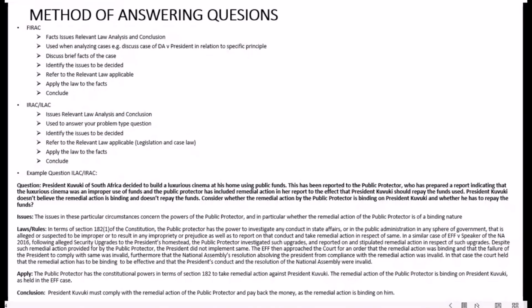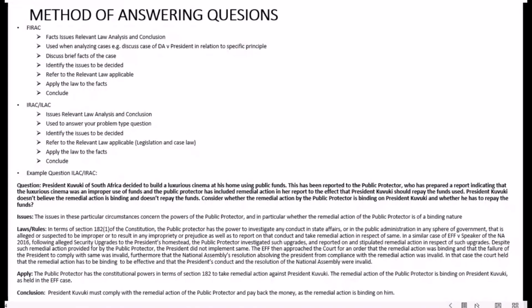So first you would go into discussing the facts of the specific case. Sorry, FIRAC. The first line there shows you what FIRAC stands for. So it's facts, issues, relevant law, analysis, and conclusion. When you go into discussing it, first you would analyze the brief facts of the case.